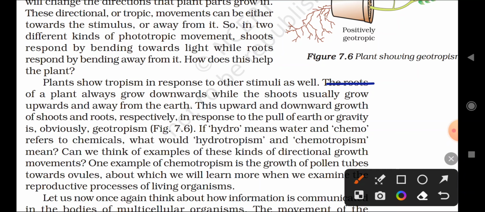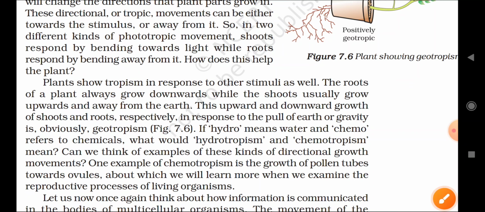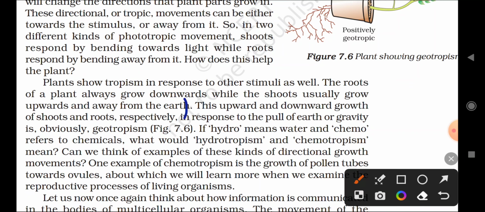Next, the roots of a plant always grow downwards, while the shoots usually grow upward and away from the earth. This is called geotropism. Very important definition. What does geotropism mean? The roots of a plant always grow in a downward direction and shoots always grow away from the earth.